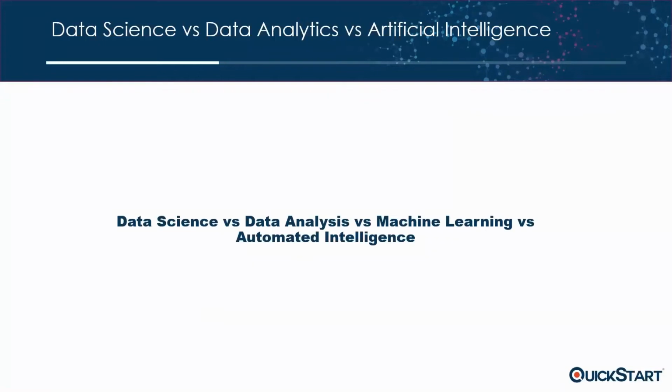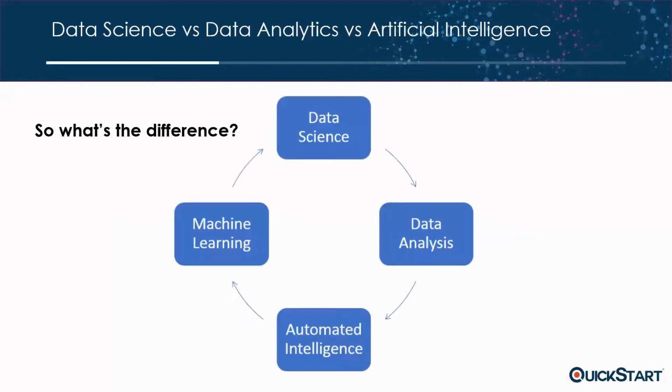Let's talk about our first subject, and that is data science versus data analysis versus machine learning versus automated intelligence. So it's really important to understand where this plays in, because generally, data science is at the top. In other words, everything falls under data science.